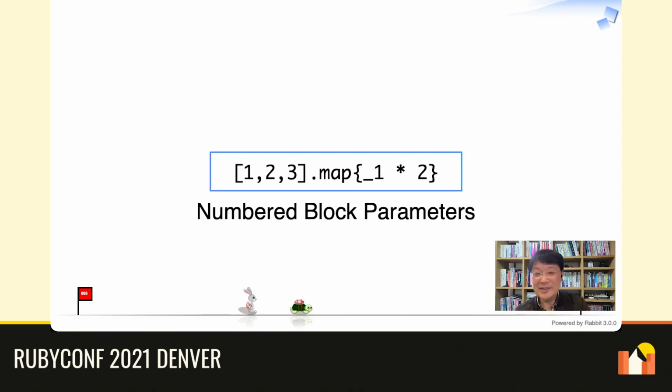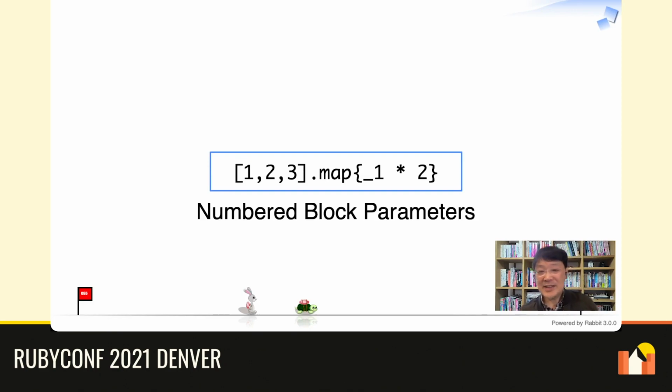For a very simple block body, this kind of numbered block parameter is pretty useful. I don't recommend using numbered parameters in a very complex block body. It can confuse you very easily.